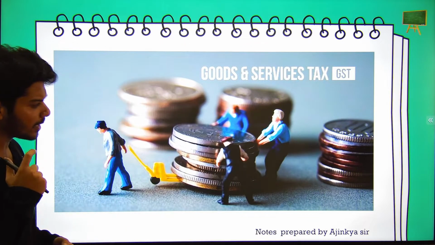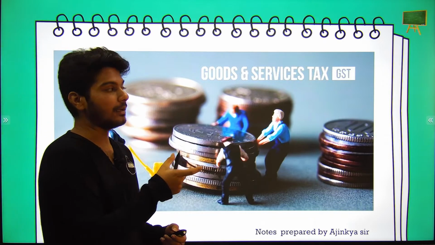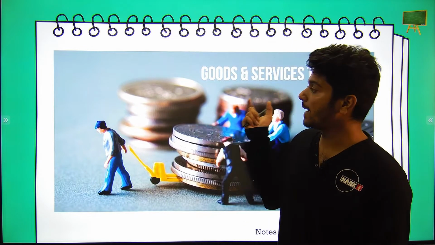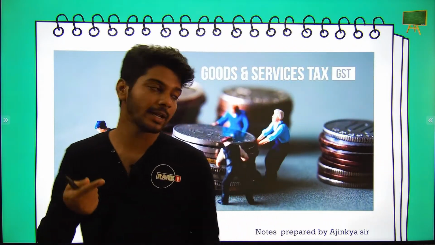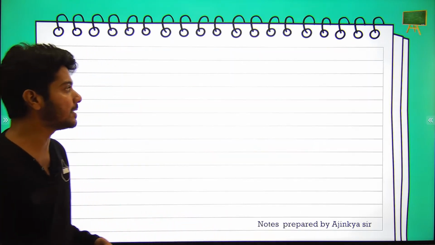Now when we move on to the actual detail, how it is calculated, there were old methods of calculating tax. This is the exact method which you will be utilizing in future as well. So let's learn how we actually calculate the goods and service tax.